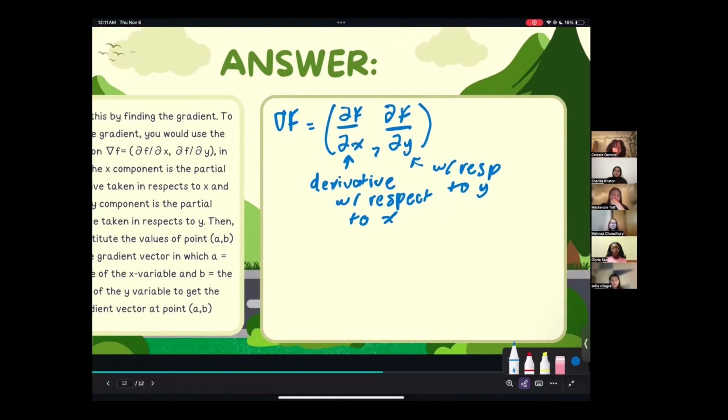And then once you have both of your partial derivatives, you're going to substitute point (a, b) into both of the derivatives that you found.